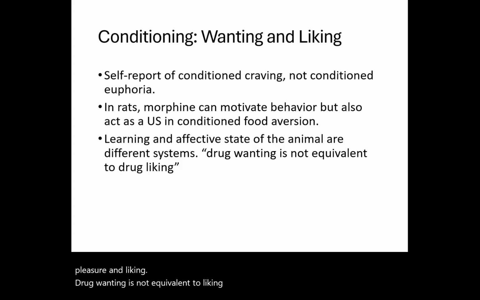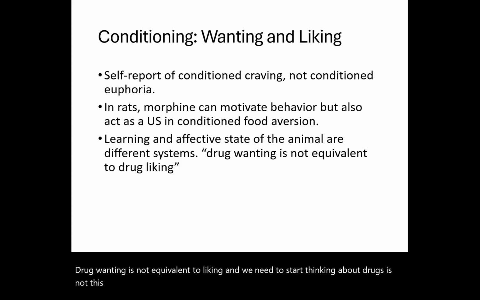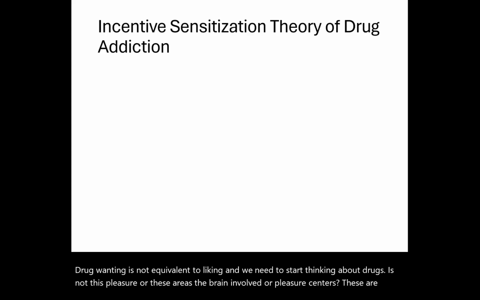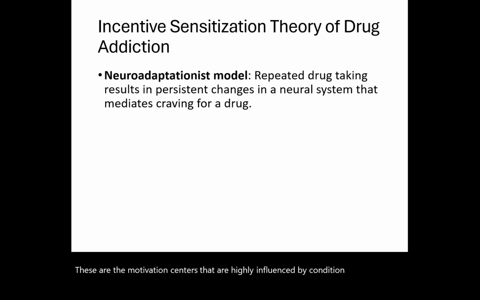And we need to start thinking about drugs as not this pleasure, or these areas of the brain involved as pleasure centers. These are the motivation centers that are highly influenced by conditioned stimuli. So here's the theory, the incentive sensitization theory of drug addiction.